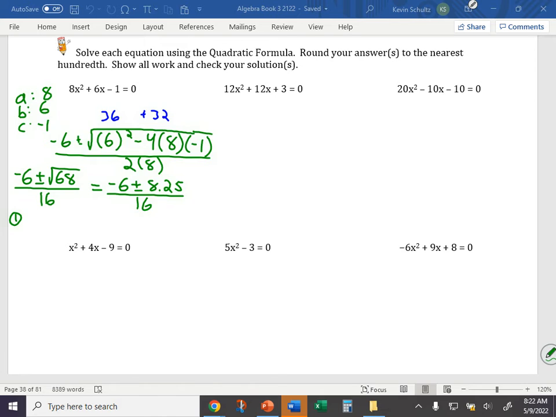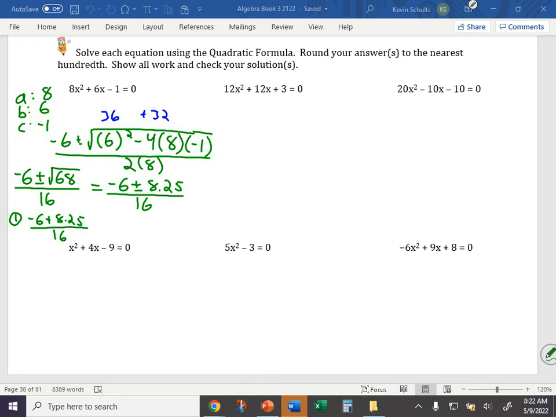To solve this now, you'd say negative 6 plus 8.25 divided by 16. Well, negative 6 plus 8.25 will be around 2. And 2 divided by 16 would be like 1/8.